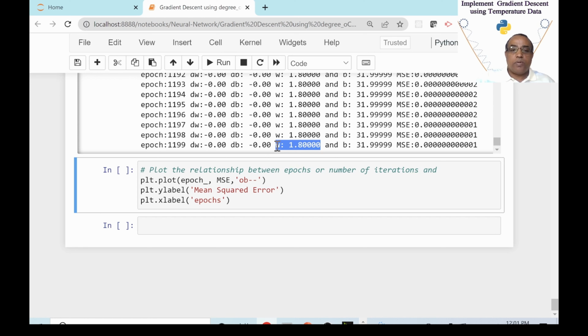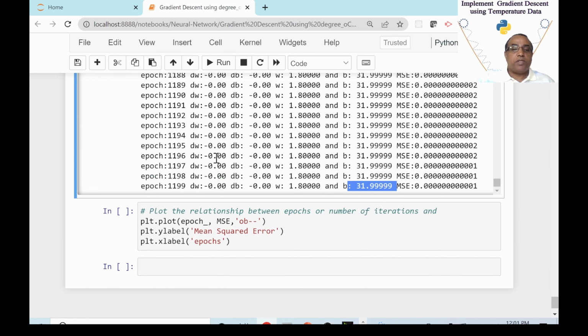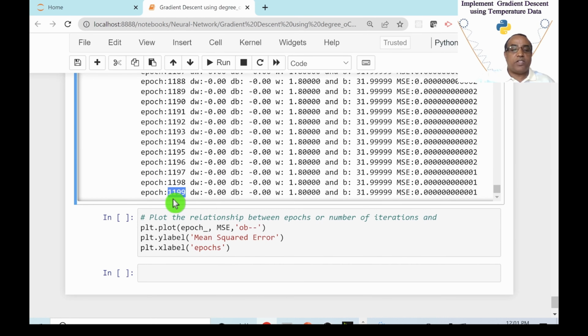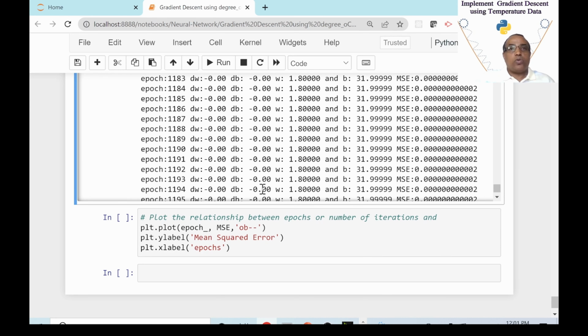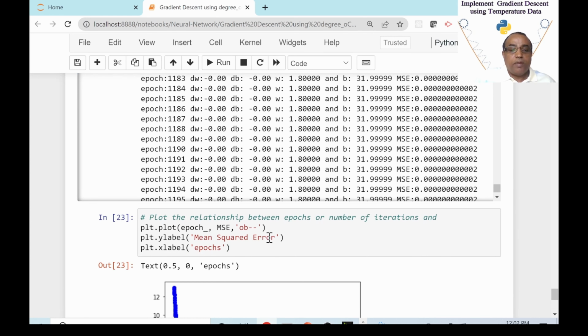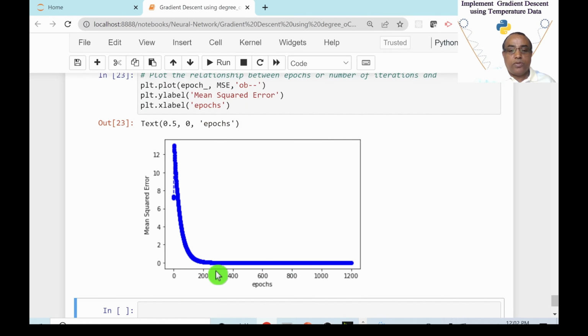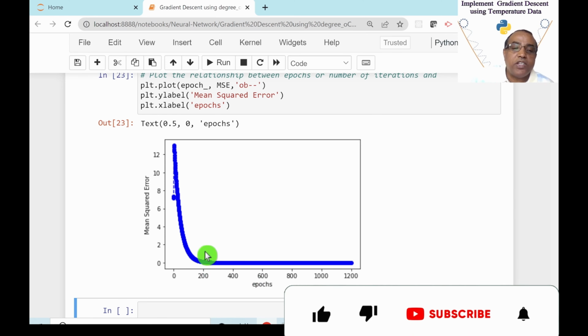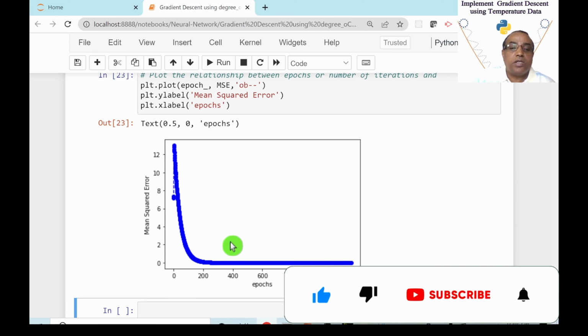Here is the slope, here is the y-intercept, but this takes a lot of iterations. So if you take a very small learning rate, it will take longer to achieve the same result. If you take bigger learning rates, it will not get the minimum of the function.